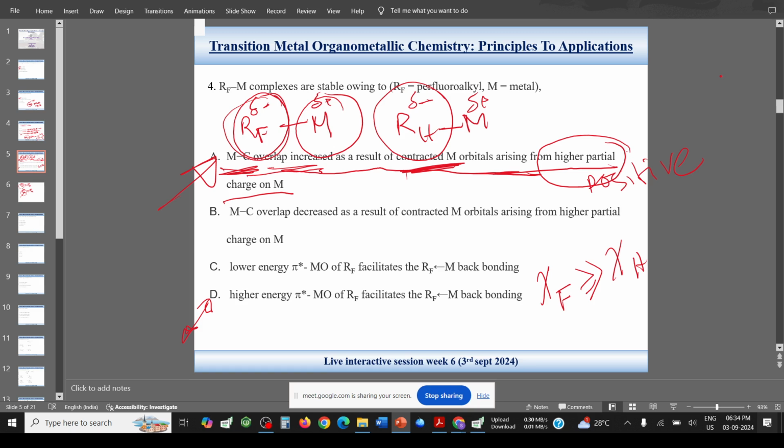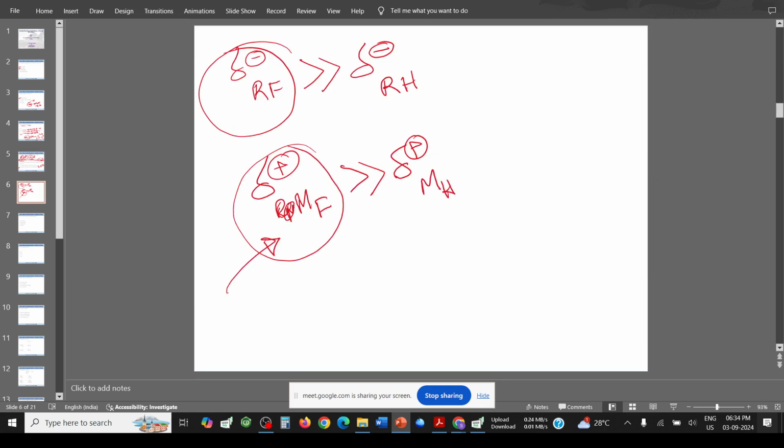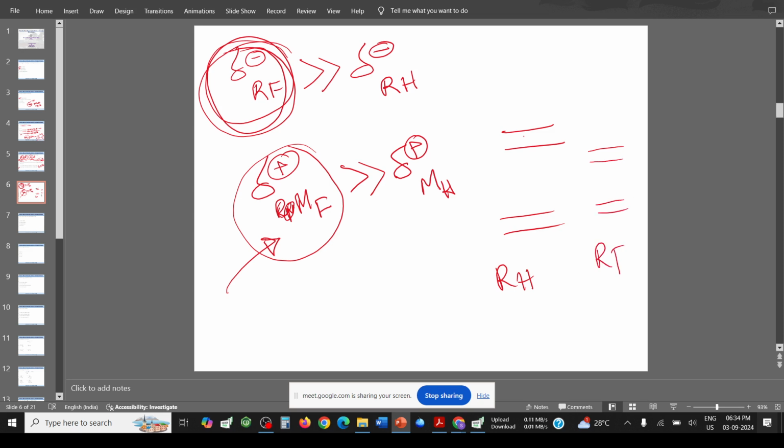The next one: as we know, as the electron density or negative charge increases on the ligand, if we have a pi orbital for R_H and another pi orbital for R_F, so this is pi and this is pi star.